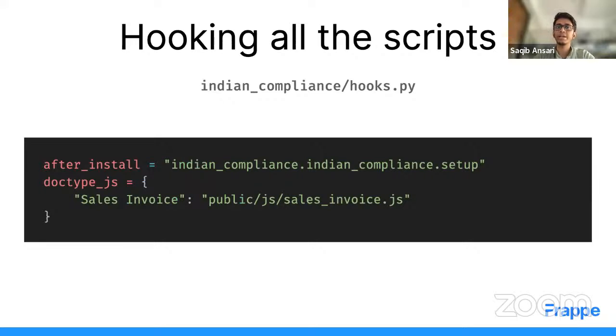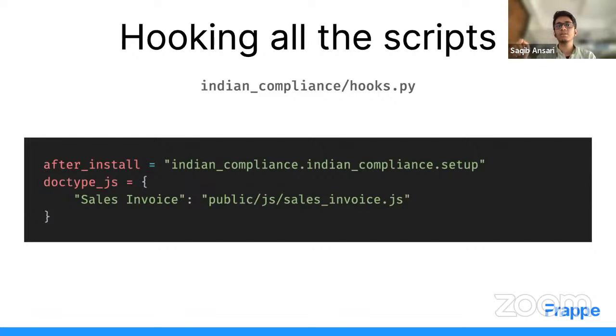So hooks.py is the file which hooks all these scripts, or all the setup method and then custom buttons, JS, etc. So basically the setup has to happen after install.